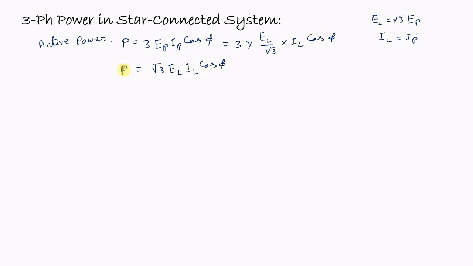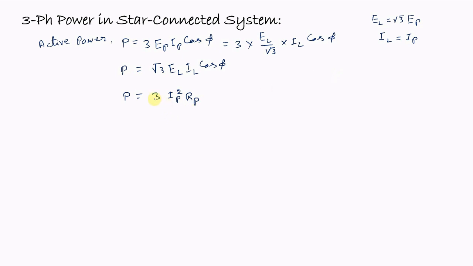Active power can also be represented as 3 I phase square into R phase, because I square R is also the expression of the active power. In a single phase, the power is I phase square into R phase.